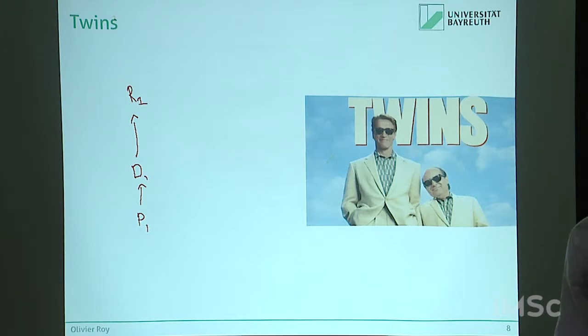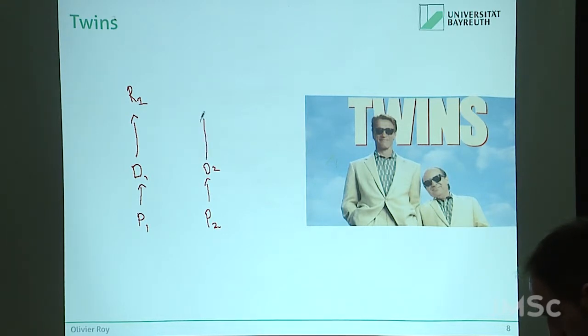Now the situation is exactly parallel for twin 2. So if you promise twin 2 to go to dinner, then you should do that, and you should make a reservation. That's the situation you're in. But the problem is that, and now it's not a default rule, this is a hard fact, you cannot do that simultaneously.